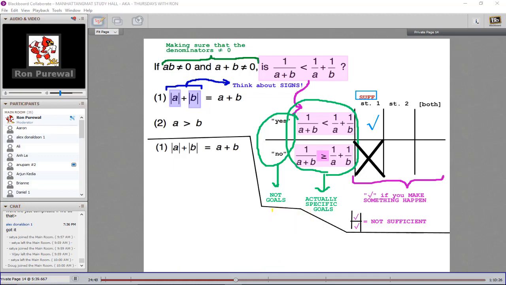Because what we've discovered in statement 1 is that if you have 2 positives, then you are always going to check this box. That was what we just found out with statement 1. So when we investigate statement 2, we know for sure that we need to try negatives, because that is going to be the only way we could possibly check this box. Give me a smiley face if that makes sense.